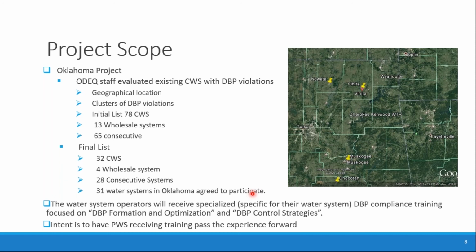And what they were looking for was a geographical area where they had a cluster of water systems that had DBP violations, so they could reach the majority or a lot of the water systems and make it easier for them to participate in the training. So the initial list that they looked at consisted of 78 community water systems, which consisted of 13 wholesale systems and 65 consecutive systems.